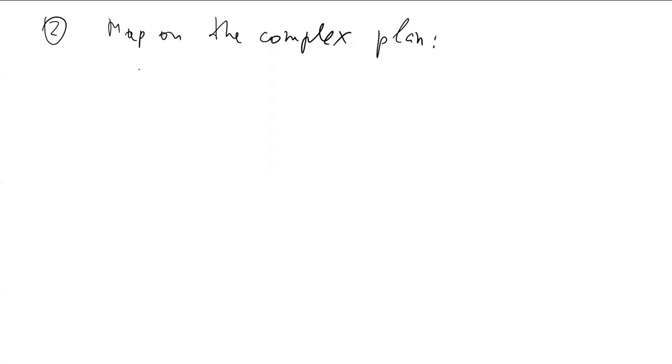So what we had was zn plus 1 equals some function of z. What we considered was zn squared plus c, where zn is a complex number and c is also a complex number.